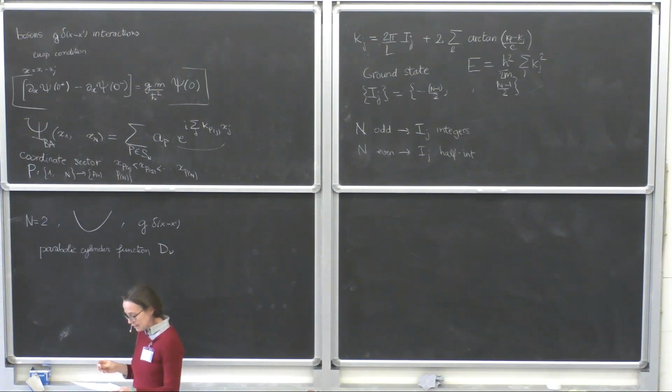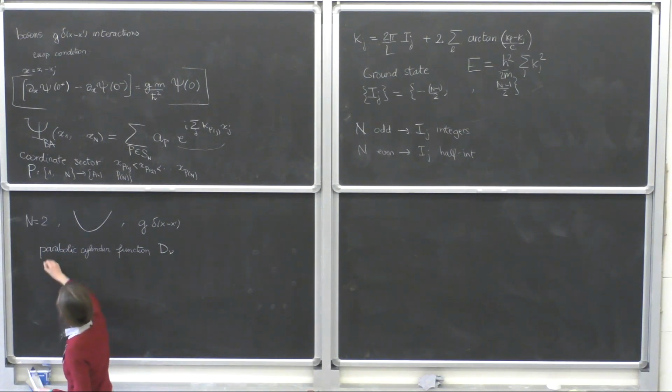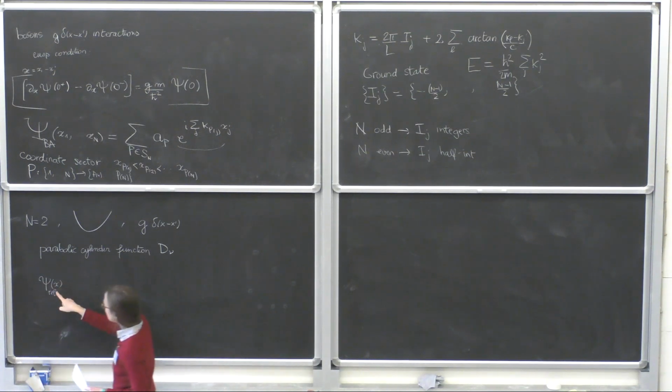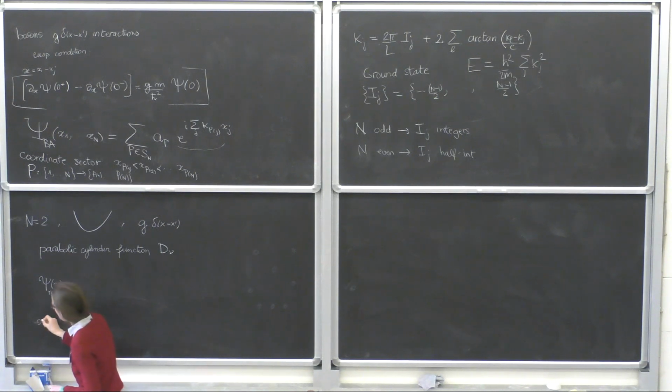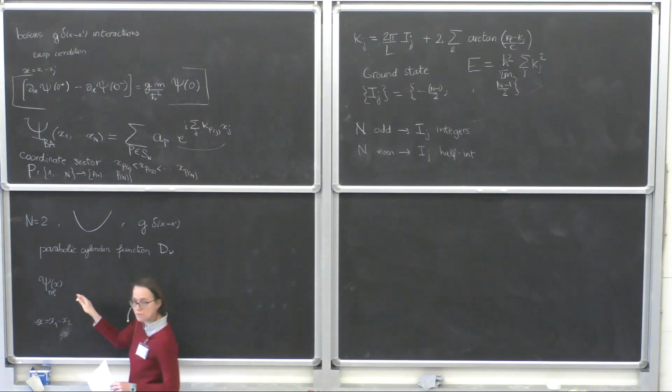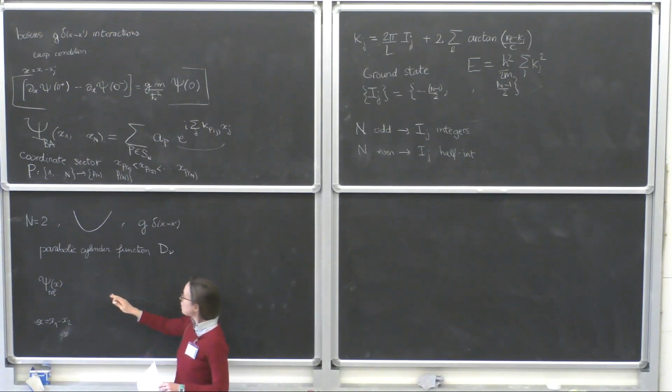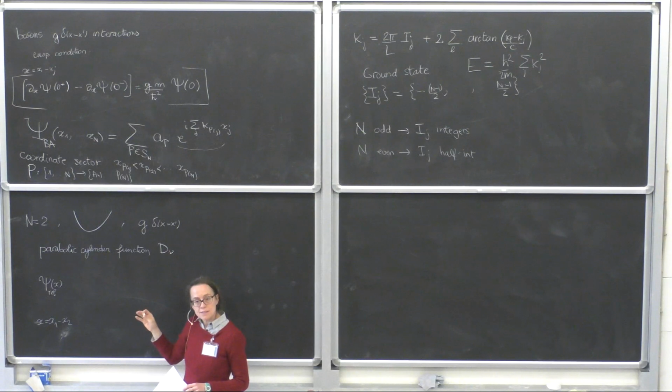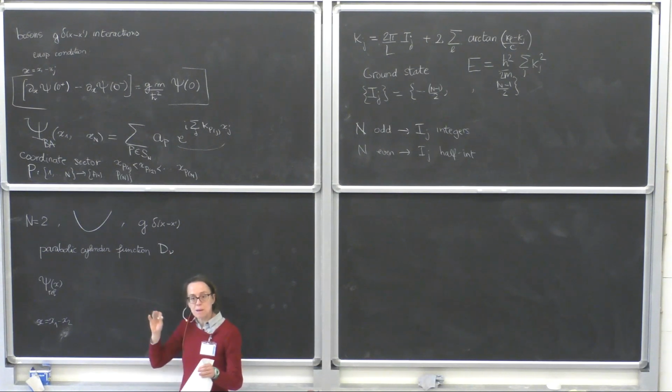And the result is that if you plot the relative wave function of two particles, I remind you x for me is x1 minus x2, and we had solved last time the problem of two particles when we derived the cusp condition by making separation of variables from center of mass and relative coordinate, right?